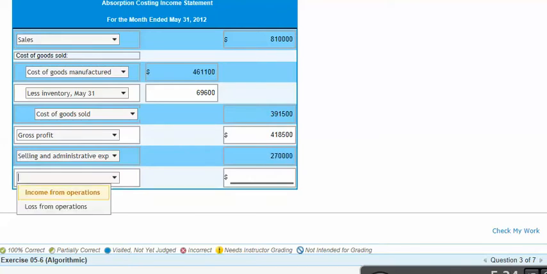And I will have income from operations because I've got more gross profit than I do selling and admin expenses, and the difference will be $148,500. Okay, so that's how we will solve that one.